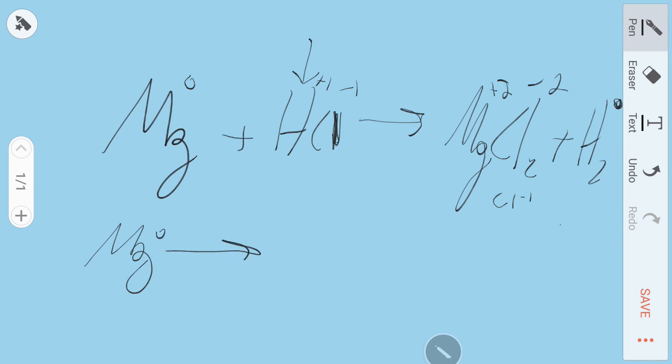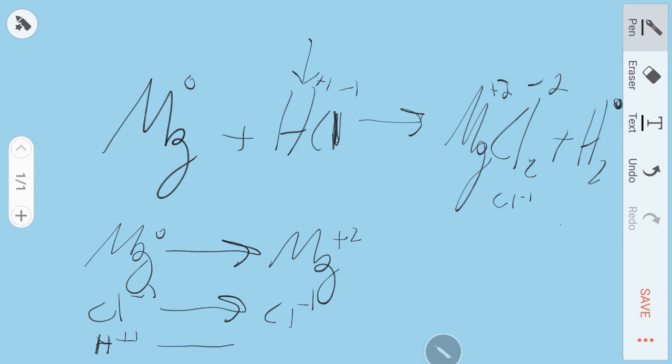Mg went from 0 to +2. Chlorine went from -1 to -1. Hydrogen went from +1 to 0. So in this case, magnesium was oxidized.